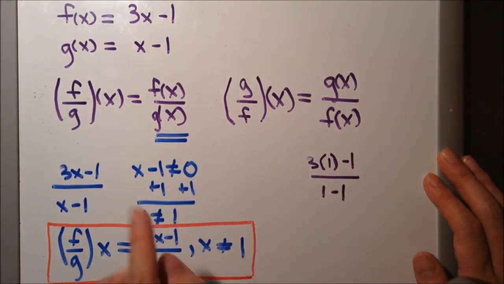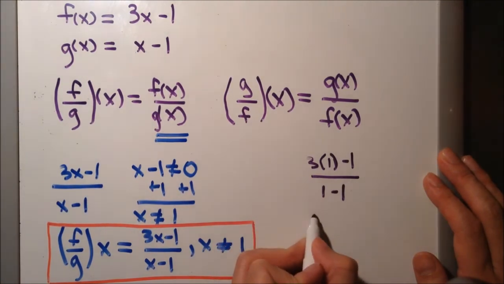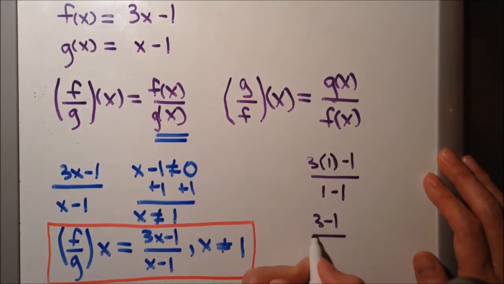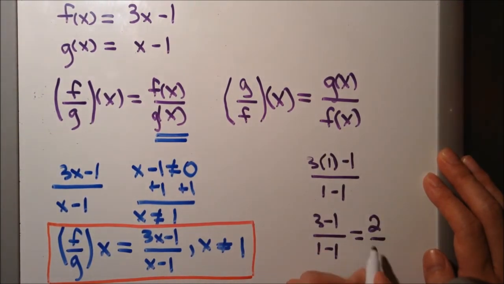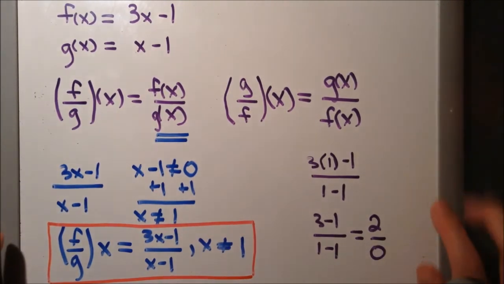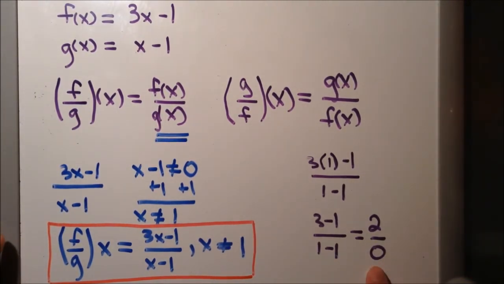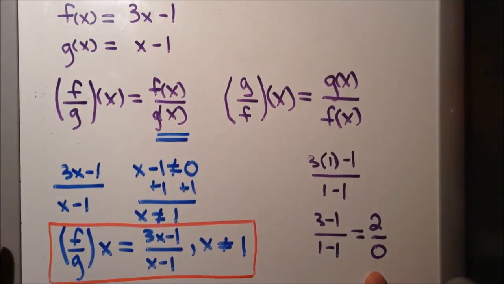So the top would be just 3 minus 1 over 1 minus 1. And then 3 minus 1 on the top is just 2. And then 1 minus 1 is 0. So whenever we have a denominator of 0, it will be undefined. So we can't have that. That's why we're going to say x does not equal 1. So we can plug any numbers into x except for just 1.